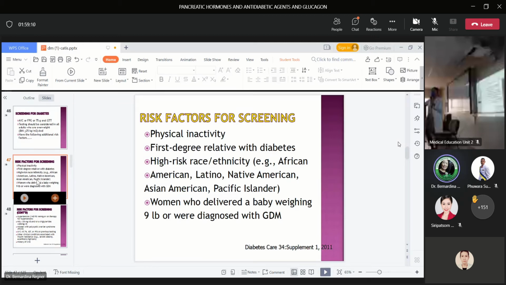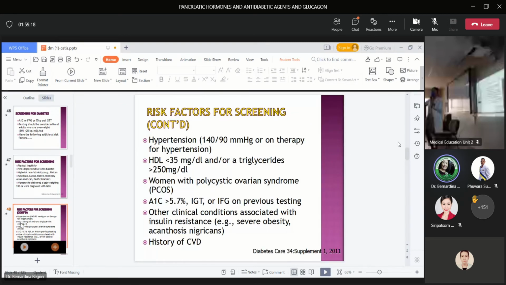That can more or less be a diagnosis for gestational diabetes mellitus. And then hypertension, 140 over 90 millimeters of mercury, or on therapy for hypertension, high density lipoprotein, your good cholesterol, which is less than 35 milligrams per deciliter, or a triglyceride of more than 250 milligrams per deciliter.